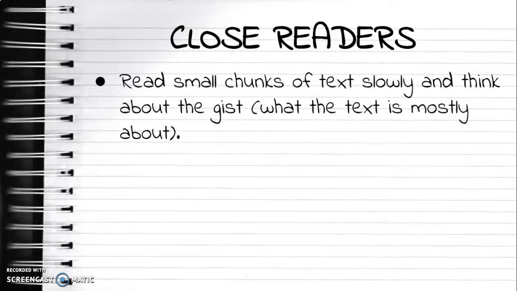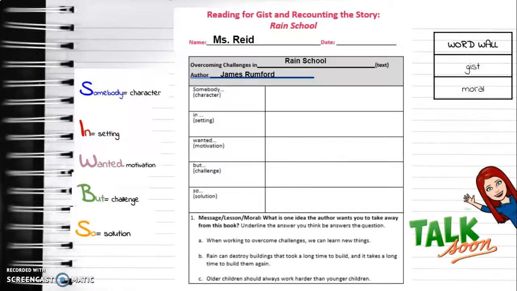Remember to be a close reader with this. That means read small chunks of the text slowly and think about the gist. Remember, that's what the text is mostly about. All right, so go ahead and do the first part of this, these 5 blocks right here, and we'll talk soon.